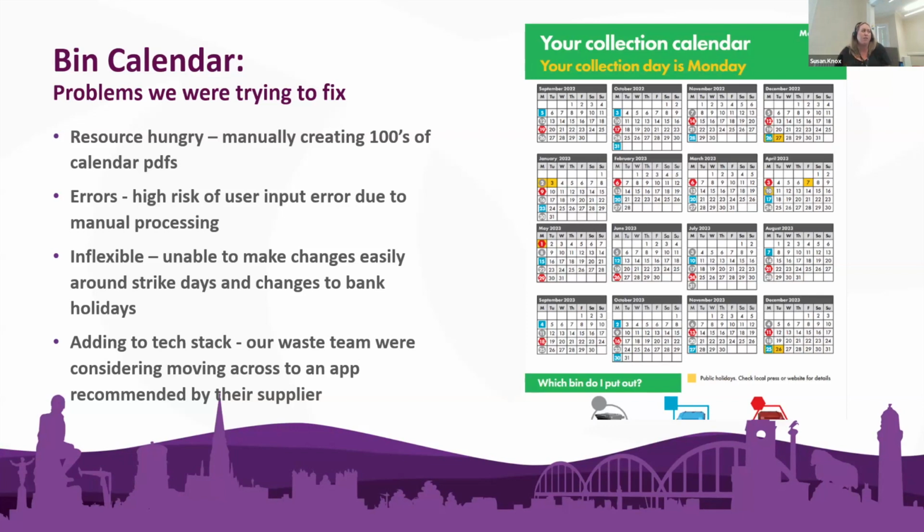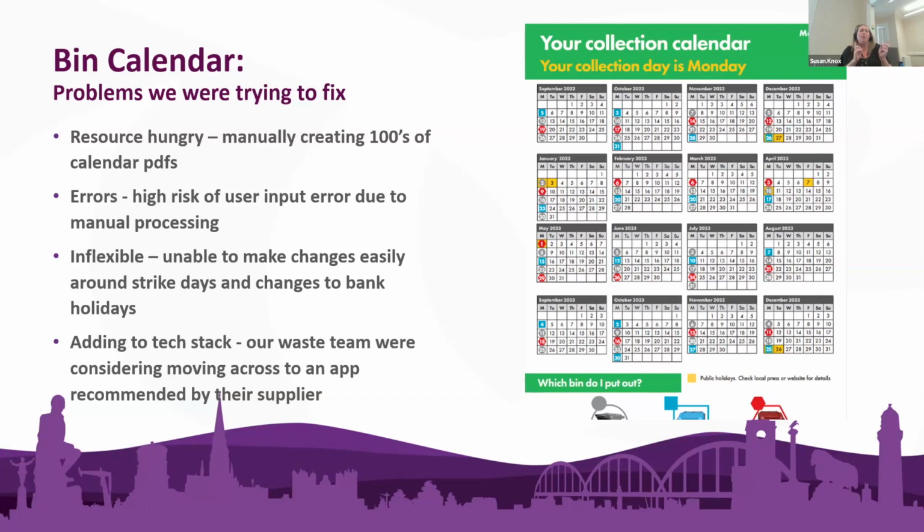So there was resource from the waste team into graphics, and also for our internal devs. The problems were that there was a high risk of user input error, and it was completely inflexible. When we've had strike days, one of the major problems was that we put comms out to say your bin isn't getting picked up on this day.